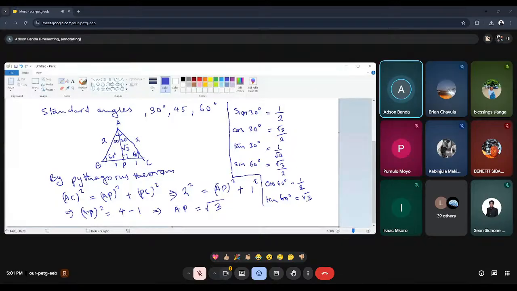So those are the standard angles, or standard ratios, that we are going to be using in all that we do. So your duty is to be able to know these ratios and use them appropriately.